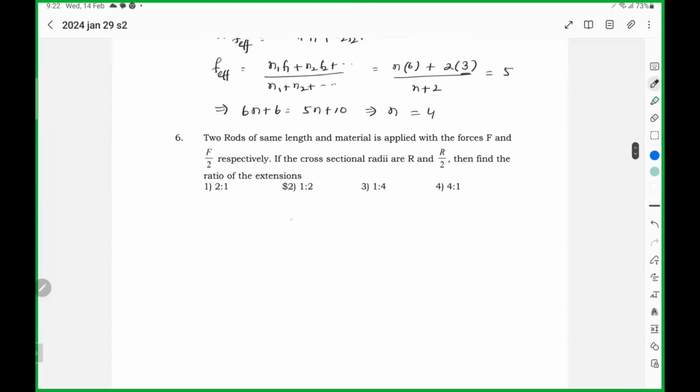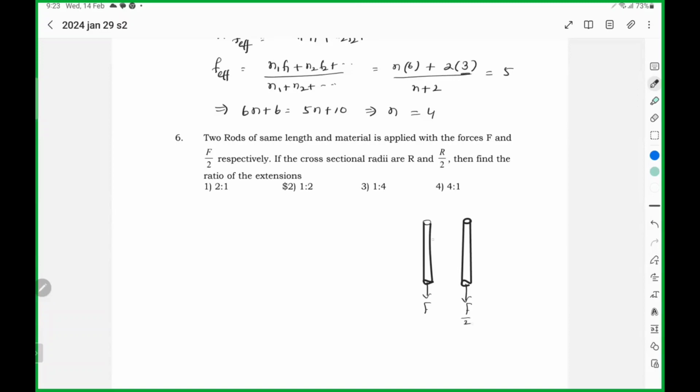Two rods of the same length and same material are applied with the forces F and F by 2.